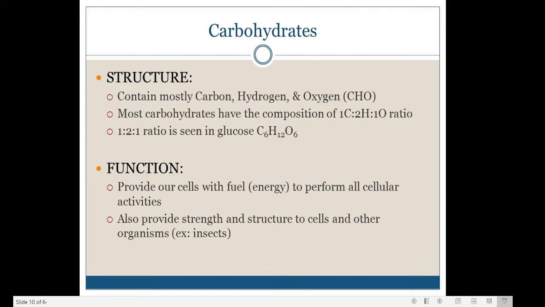It also provides the strength and structure of cells. Our body cells, blood, muscles, every tissue needs carbohydrate for their own cell structure construction. This is the basic concept of the carbohydrate.